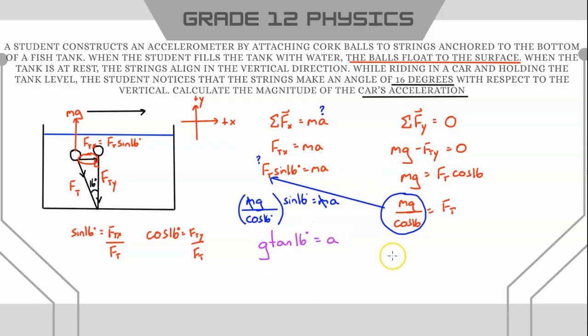So such a complicated problem gets simplified so you can figure out what acceleration is by just taking the value for gravity, 9.81 meters per second squared, and multiplying it by the tan of that angle that it makes. And when we do that, let's get our calculators, we get 2.8. So our answer is 2.8 meters per second squared.